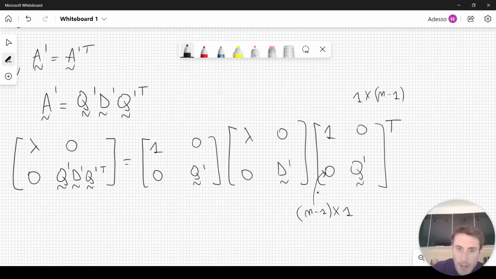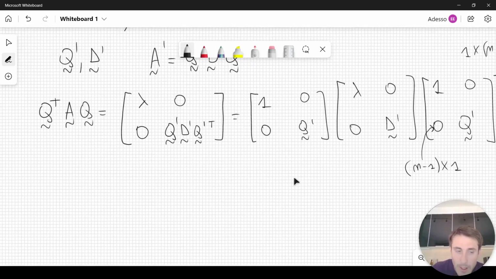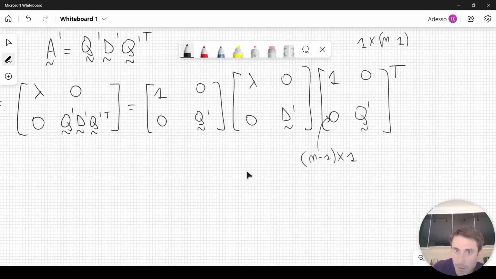So we have arrived at this point, and it follows from here that we can multiply on the left by Q, and we can also multiply on the right by Q transpose. And remember that Q transpose Q will be equal to the identity. So you can also write A equal to Q, then the product of these three matrices.